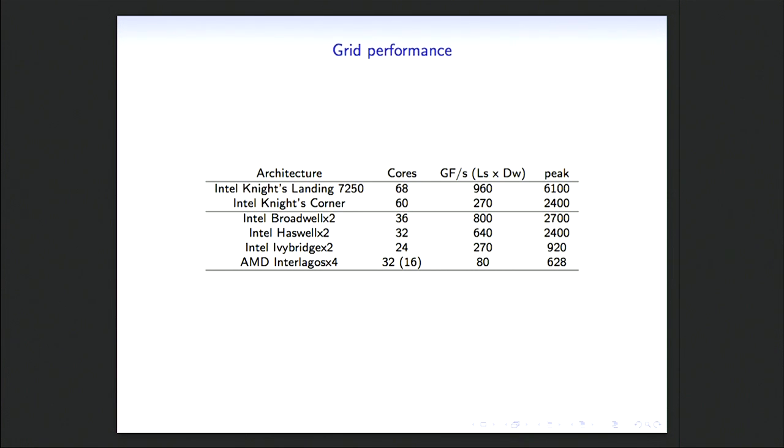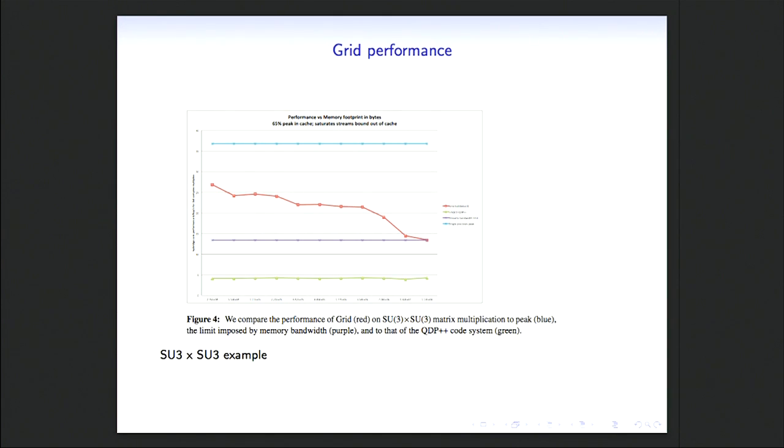So you can see, in particular, the 960 gigaflops on Knights Landing is pretty impressive. This is single precision figures, I should hasten to add. So if we compare to QDP++, this is now comparing the same line of code, A equals B star C, to our new package and the C++ compilation of the QDP++ package. It also has SSE specialized versions, but not as yet, as I understand it, AVX and AVX2.